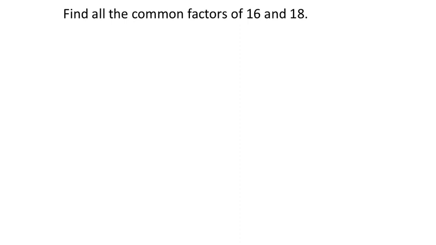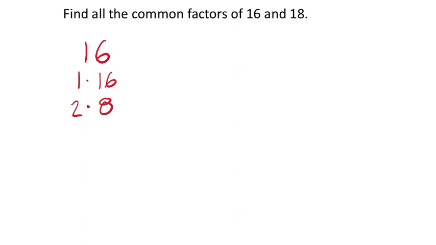Okay, so I'm going to look at 16, and I'm looking for factor pairs, meaning 2 numbers that multiply together to get 16. Well, I know I can multiply 1 and 16 together, and that's good. I know 16 is divisible by 2. That would be 2 times 8. And I'm not doing the long division there because that fits into our multiplication table.